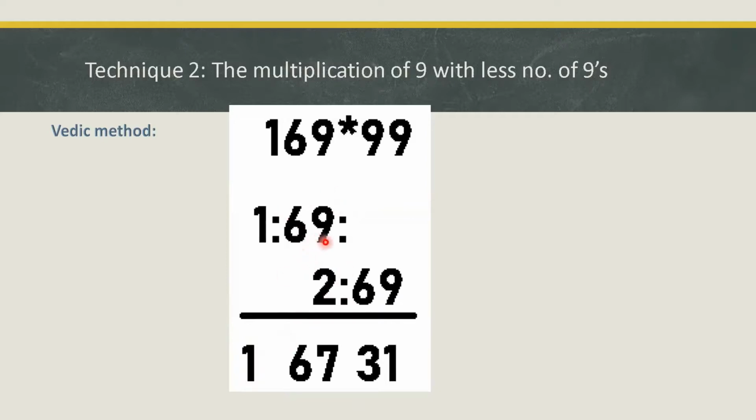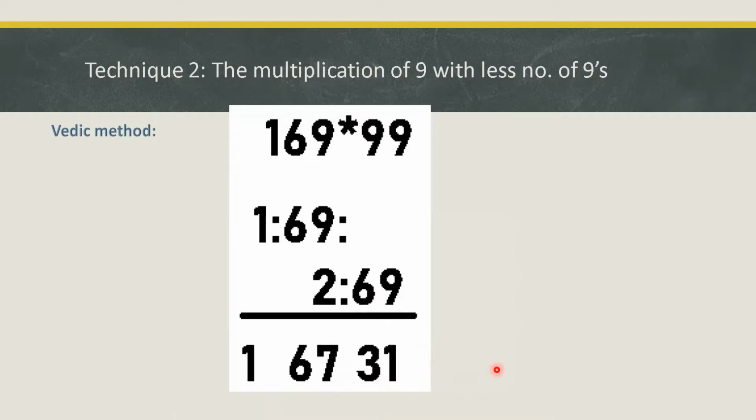We will do 69 minus 2, which is 67, and the third one is 69, which we subtract from 100. 100 minus 69 is 31, and the answer will become 16731. So these are the three.